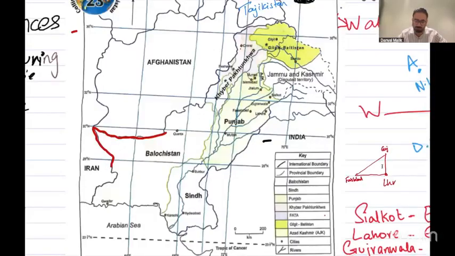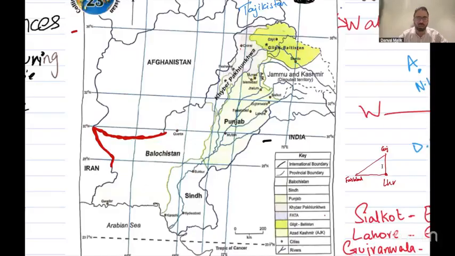So on the map, I have drawn a red outline on the west of Pakistan's map. Let me shade it again in red. This is the red outline I am talking about.